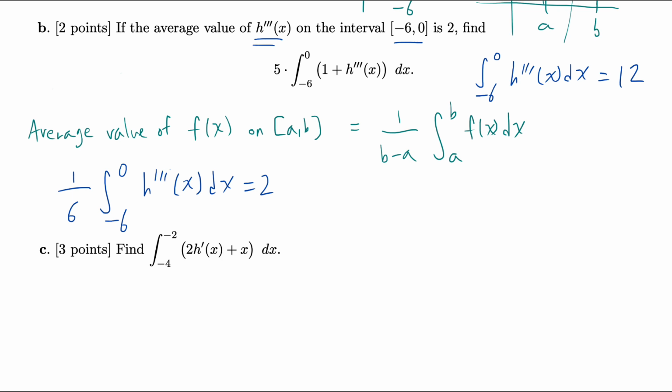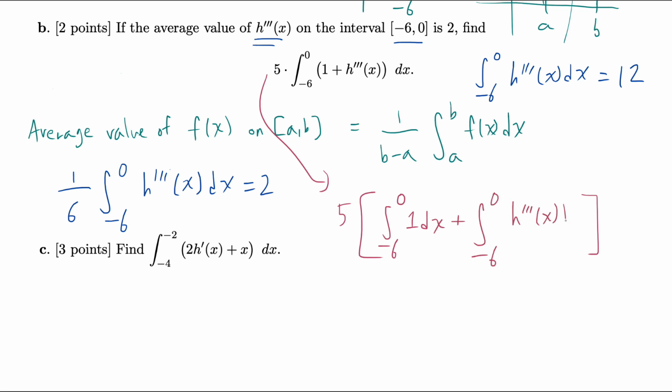And now let's look at evaluating this integral. Well, we have 5 times, let me split up the plus. Remember, when I have a plus, the integral splits up in a very nice way into the integral from negative 6 to 0 of 1 dx plus the integral from negative 6 to 0 of h triple prime of x dx. And here we know this is exactly 12. We know this from here.